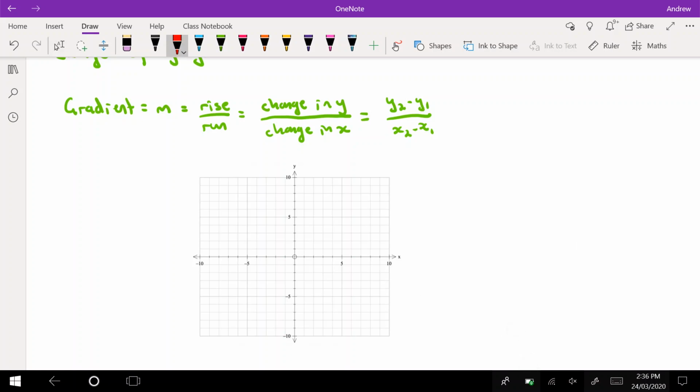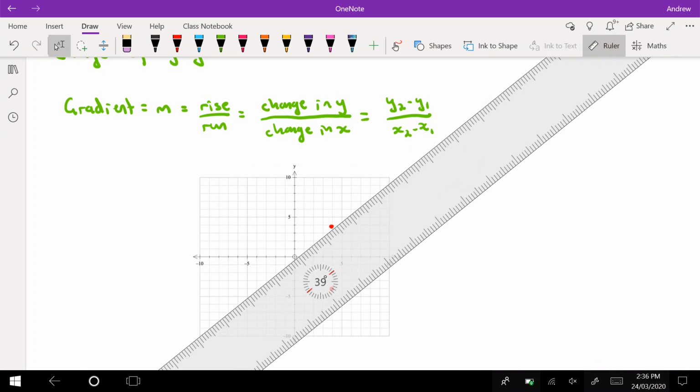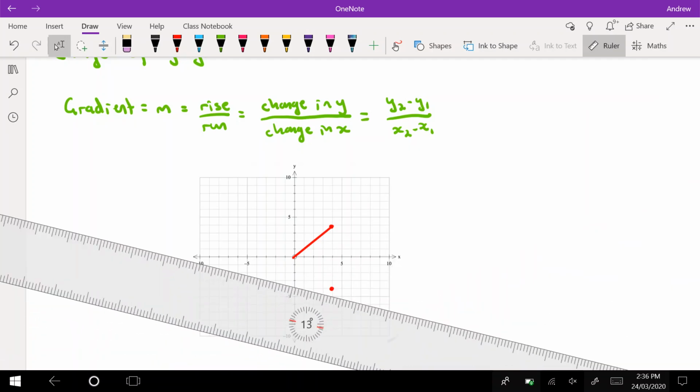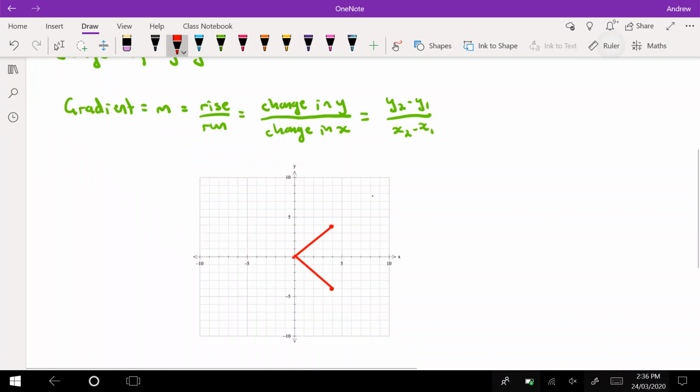So let's say I've got two lines here that I will draw from my origin. Remember, the origin is the point where the coordinates are 0, 0. So I've got two different line segments drawn here. For the top one, remember that the gradient is always equal to the rise over the run. So I'm going to start from this one point here. How much do I go across?